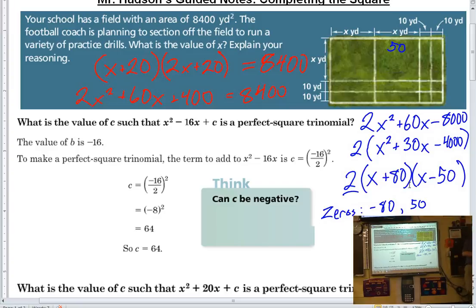The 2 divides from 0 and just gets erased from memory. What did we say yesterday? That 2 only affects what of the parabola? The wideness, the intensity. So it does change the vertex, but it does not change where the zeros happen, so it would not affect my solutions.